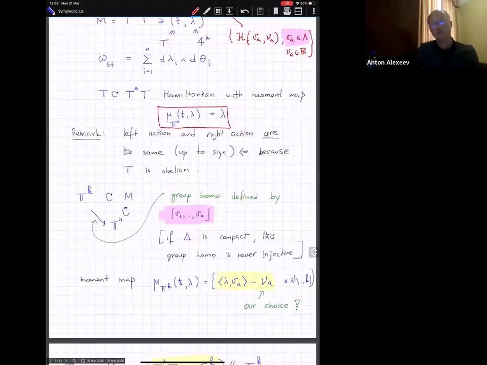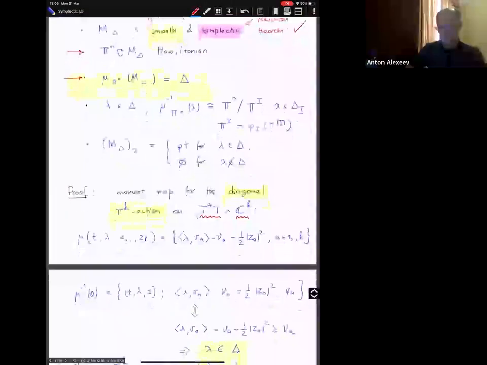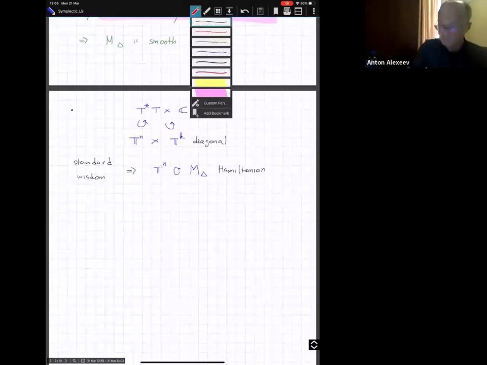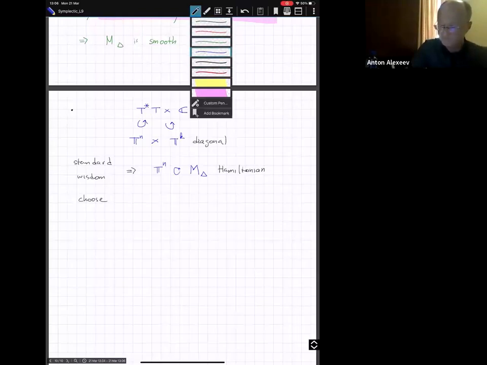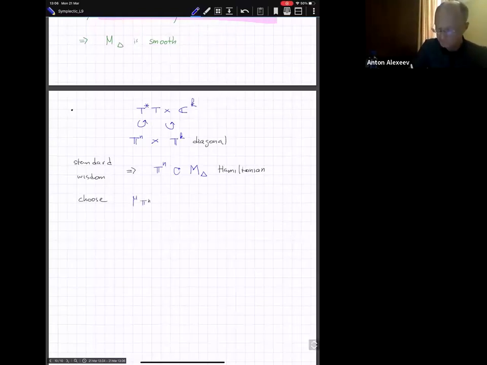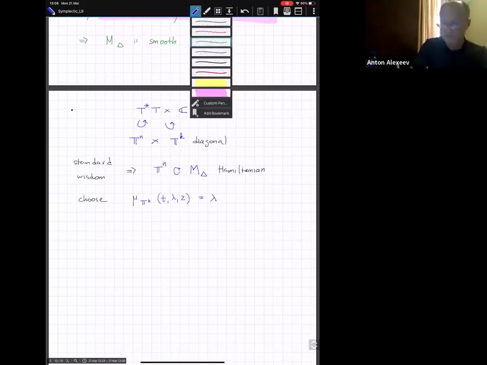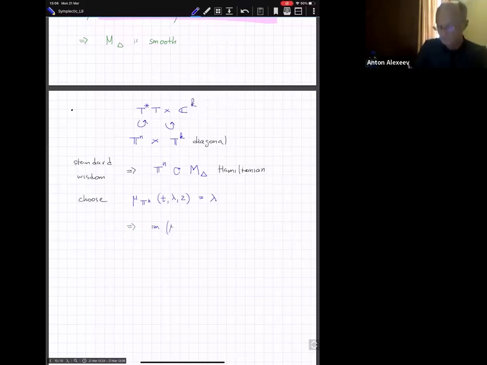We can choose the moment map just to be given by lambda, and choose mu Tn T lambda Z equal to lambda, and then of course what we get is, by definition, the image of mu Tn is equal to delta inside T star. That's the whole construction which is gauged in that way.